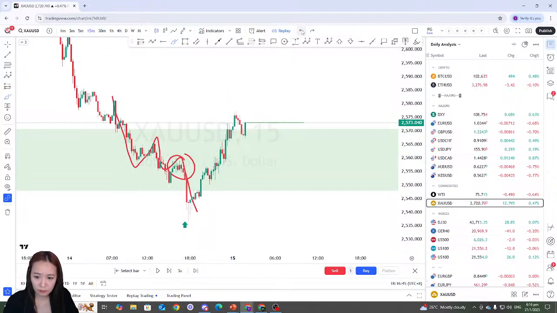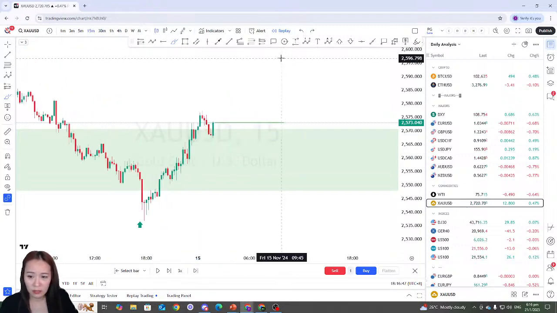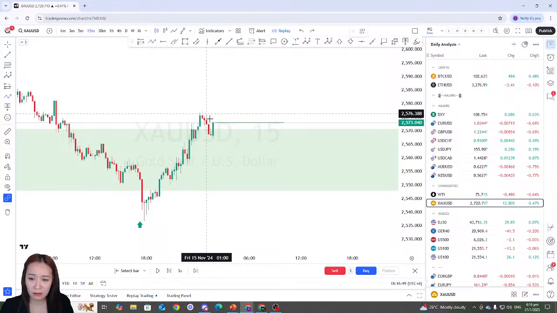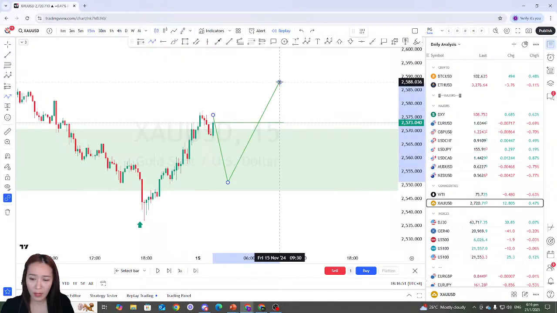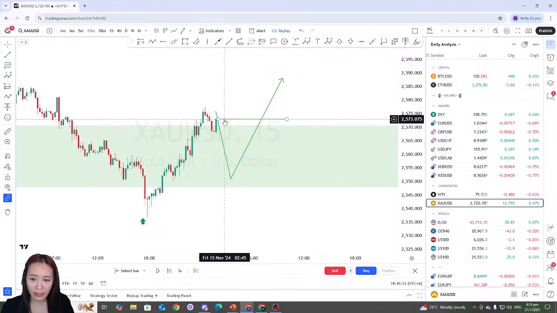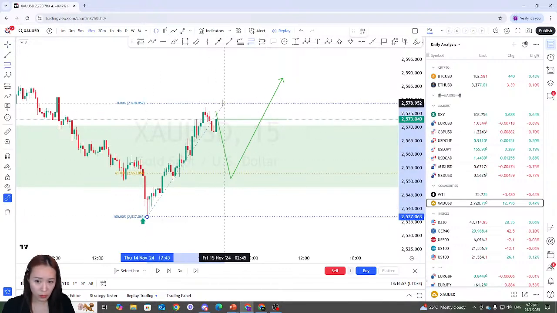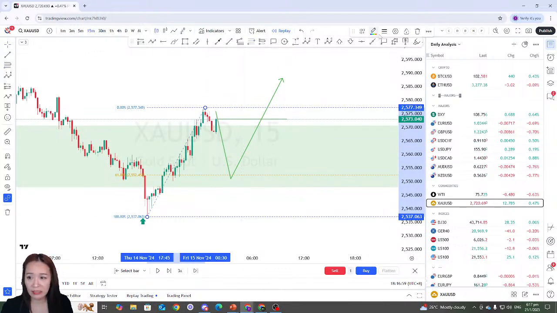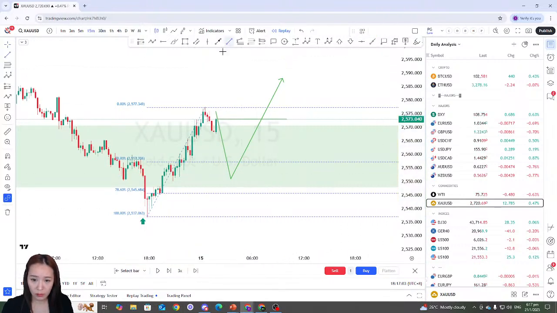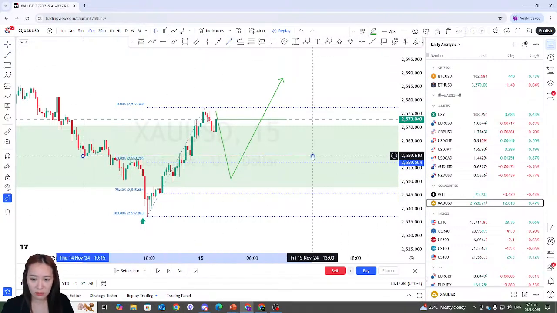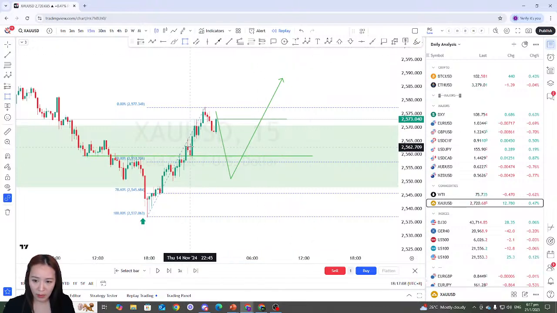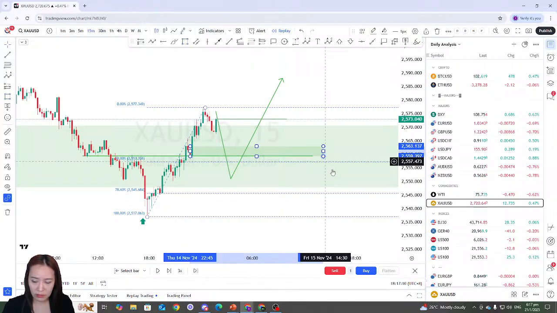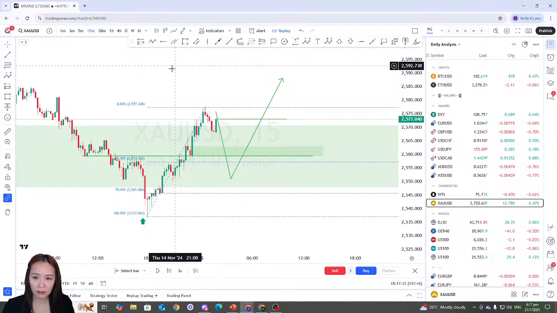So what you need to do is wait for price to pull back, and then you buy up. If you buy here, price will pull back. Most of the time, you will see at least a 50 to 61.8 retracement. Or you will say that if price comes to this level, slightly above here, there is a bullish order block here. Let's see.